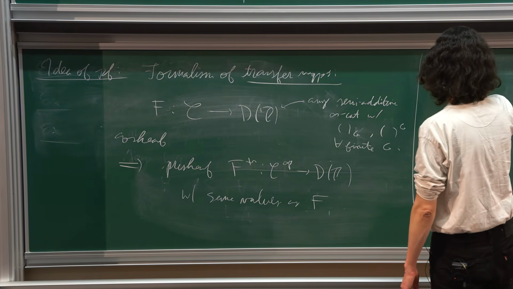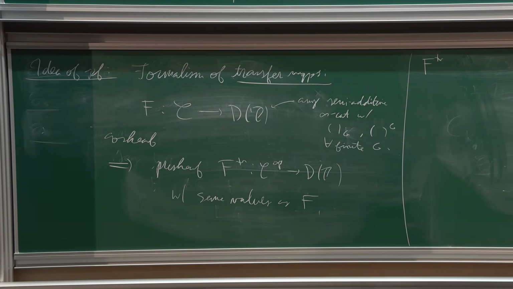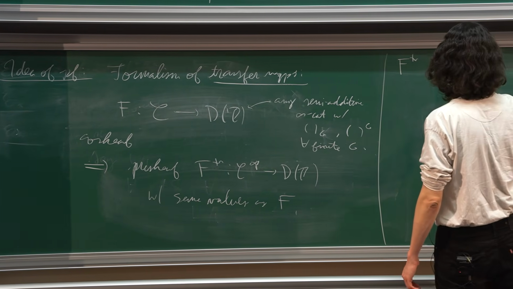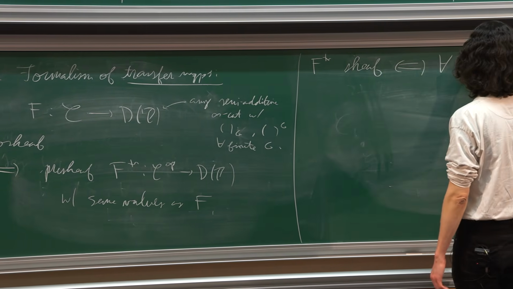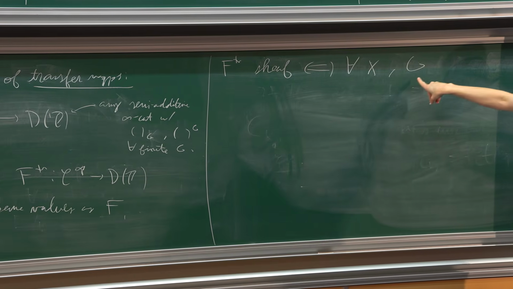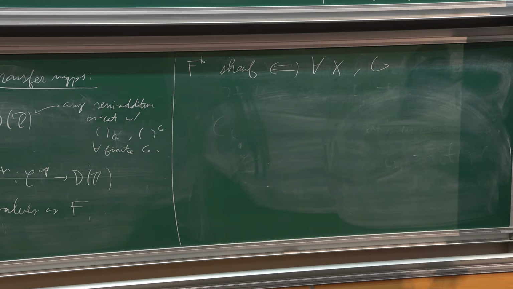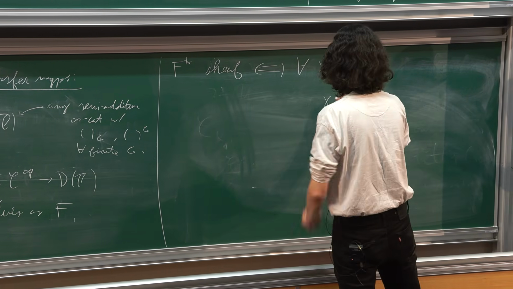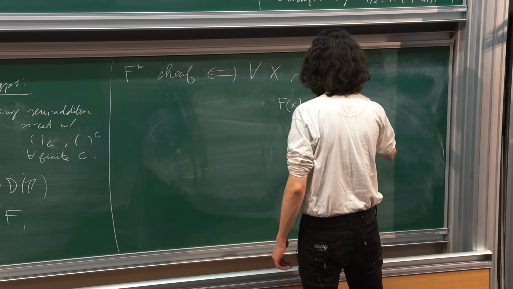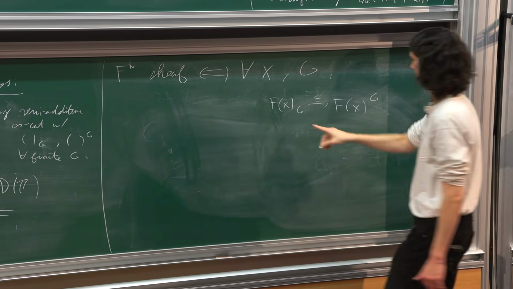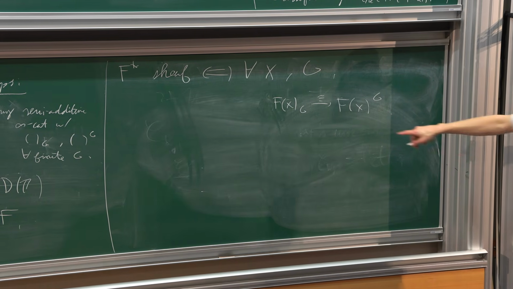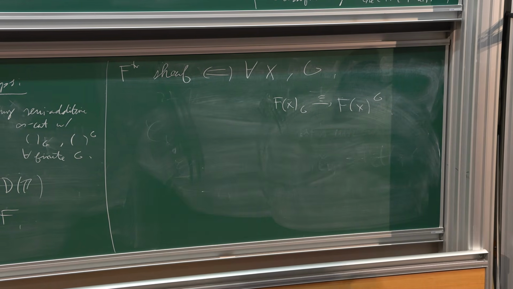Also, this is in general just a pre-sheaf, not a sheaf, but F-ter will be a sheaf if and only if, for all x and g, where x is connected and g is a subgroup of automorphisms, the Tate cohomology vanishes, or the transfer map in this form, which is associated to the g action on f of x, should be an isomorphism.